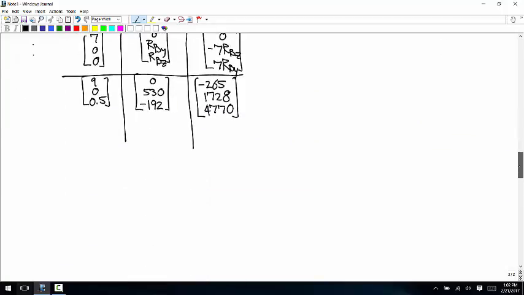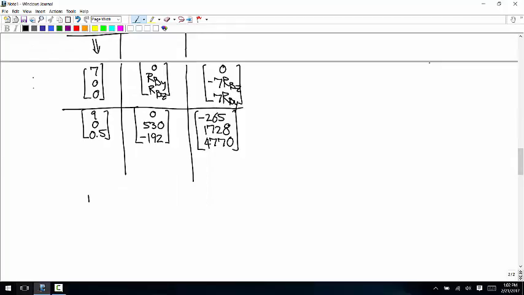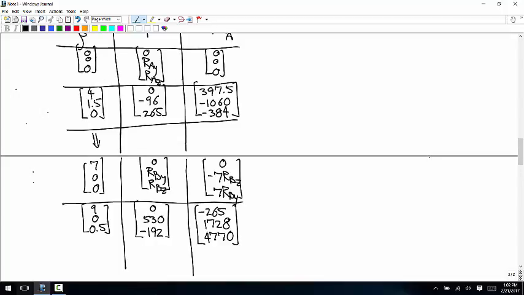Now, Newton's second law says, I'm going to add all these up and then just cancel out the equation that we know we're skipping.